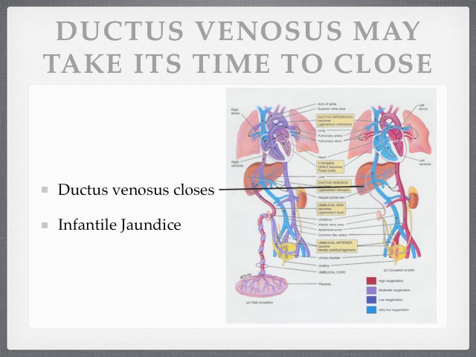So, typically though, after several days, the ductus venosus closes and everything is now fine. We've clamped and closed the umbilical arteries and veins. The breathing has closed the ductus arteriosus, and the pressure changes have closed the foramen ovale, and the ductus venosus then closes.